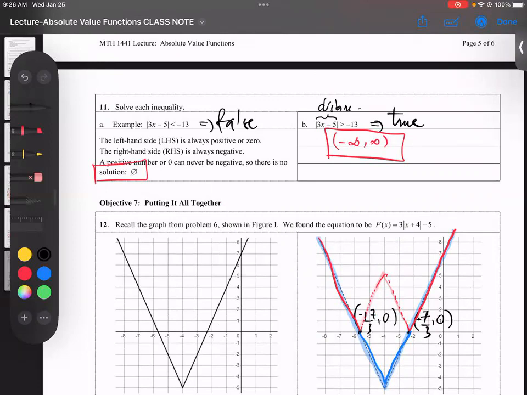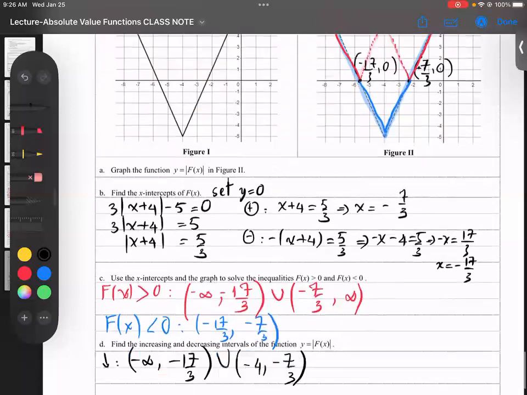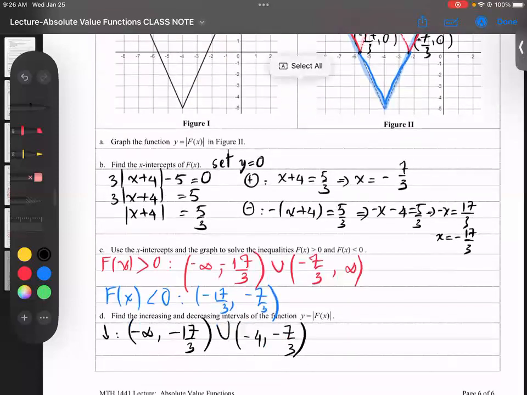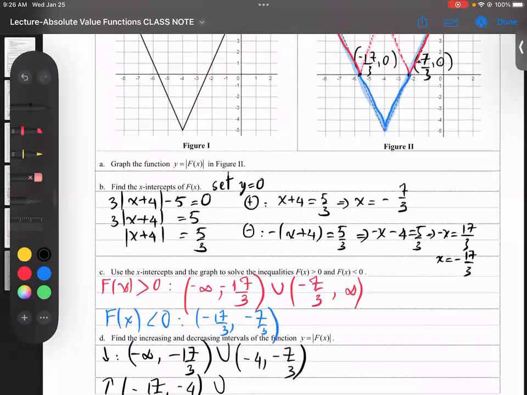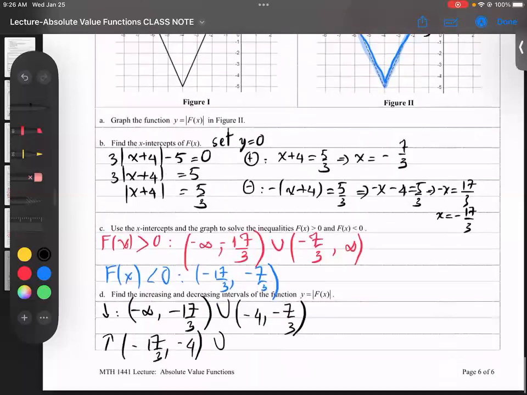And then increasing is from -17/3 up to -4. Union from -7/3 to infinity.